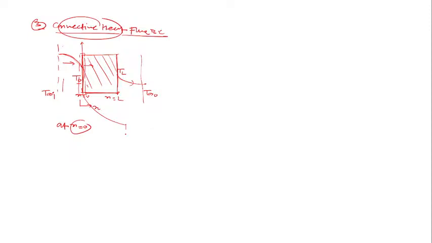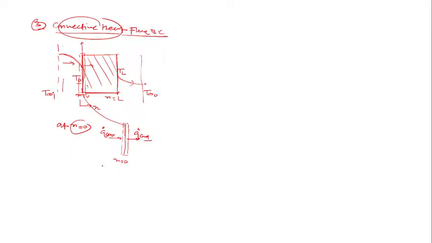At this surface, which is x equal to 0, if I enclose it in a control volume, then since I am talking about flux, I should write q dot convection is equal to q dot by conduction at x equal to 0.